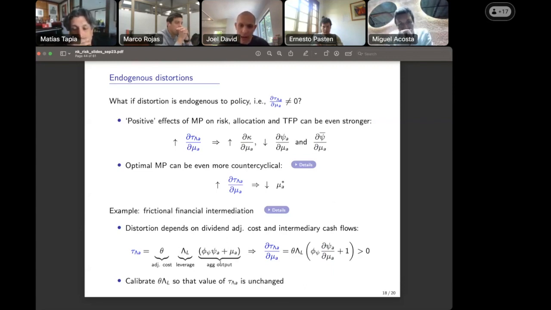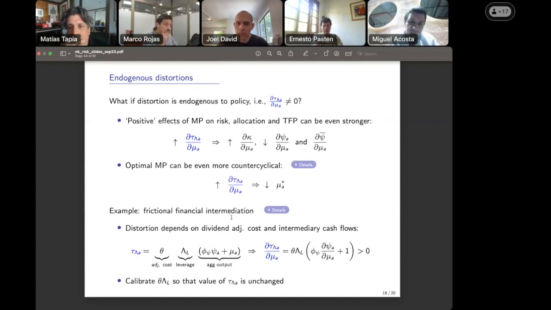And because aggregate output depends on monetary policy, the distortion itself is going to depend on monetary policy. And we can prove in this model that this derivative is going to be positive. In other words, when monetary policy is doing more stabilization, it's stabilizing cash flows of the banking sector. So the marginal value of those cash flows is not moving around that much, and the whole distortion is becoming less countercyclical.